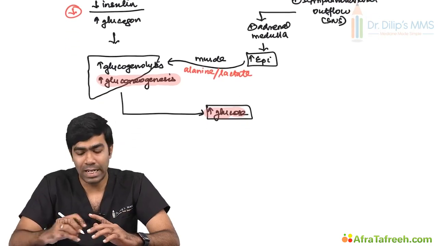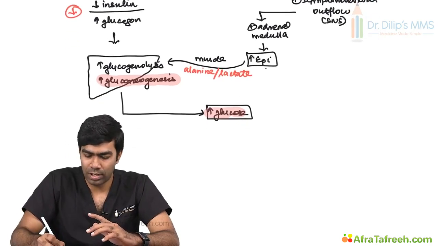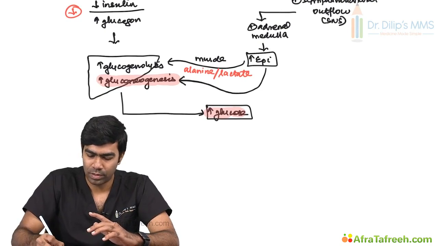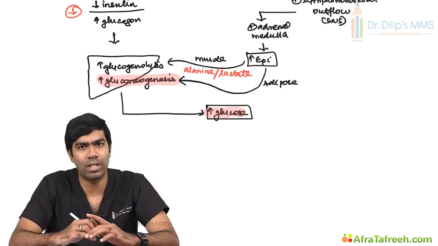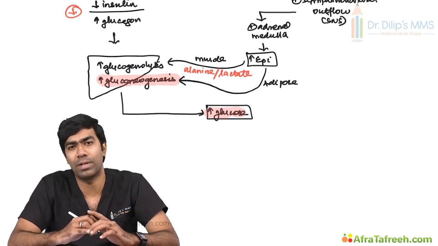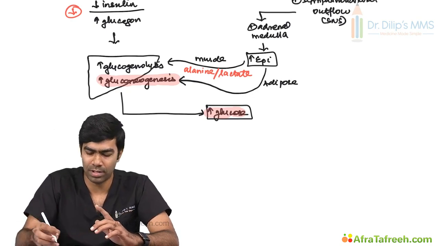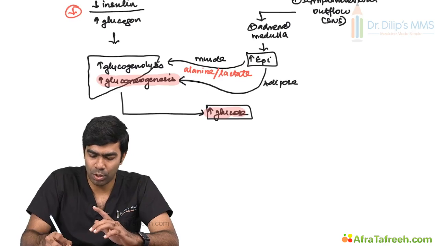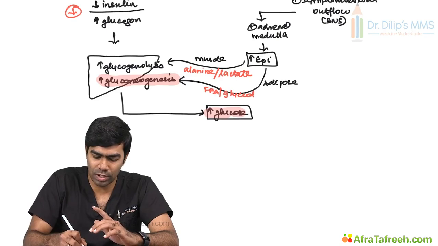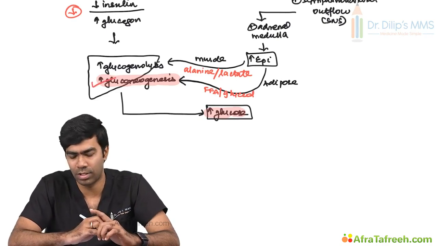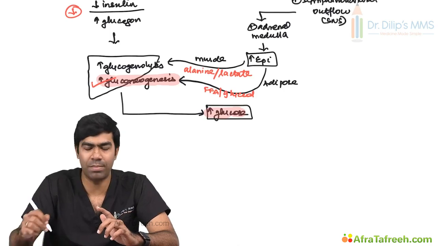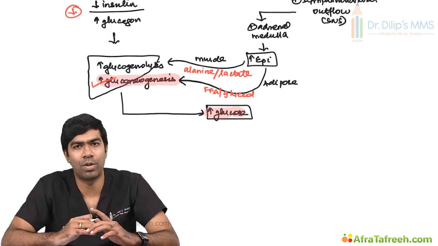And of course, this increased epinephrine is going to work on the adipose tissue as well. By working on the adipose tissue, it is going to produce lipolysis, because catecholamines stimulate the hormone sensitive lipase, producing free fatty acids and glycerol, where the glycerol will be utilized for the gluconeogenic pathways to produce glucose, and free fatty acids can be utilized over time to produce ketone bodies.